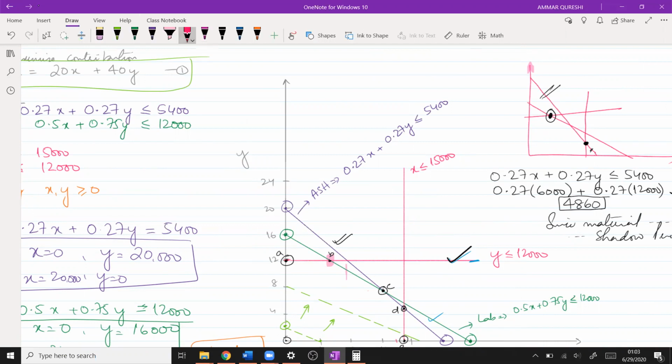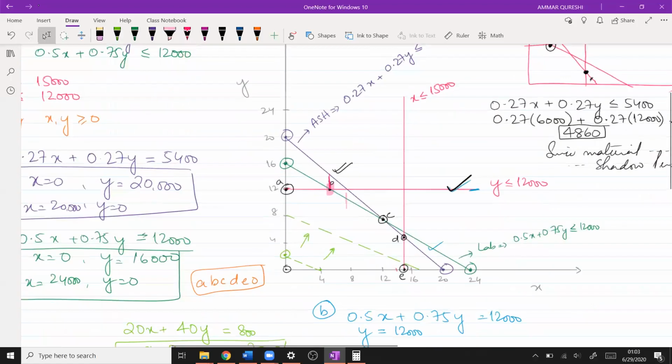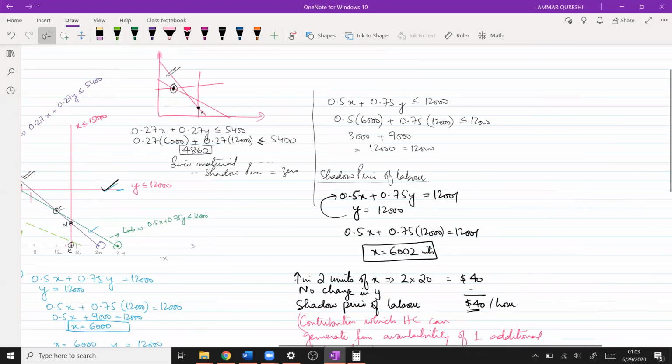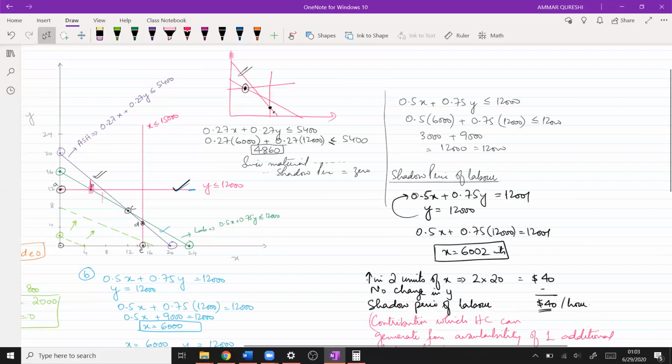So if you relax your labor requirement, then there are chances that somehow you will have more labor hours, but not enough material. So they are just trying to identify how many hours will be enough for you to produce the more production, right? Now, you can do it in 2 ways. I personally believe maths is a better idea, right?